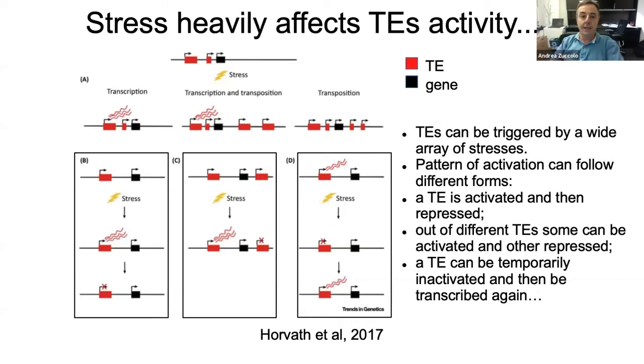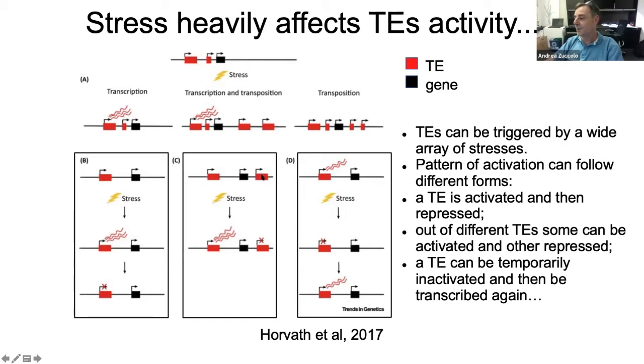Now, the fact that stress heavily affects TE activity has been well known since the very beginning, since the first seminal studies by Barbara McClintock. However, the pattern of activation and activity can be somewhat complex. Here are some examples. TEs are depicted in red, genes in black. Stress can activate a TE, like in this case, and then the TE gets inactivated.